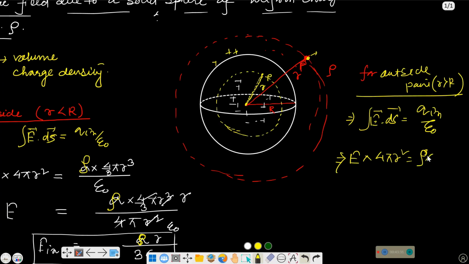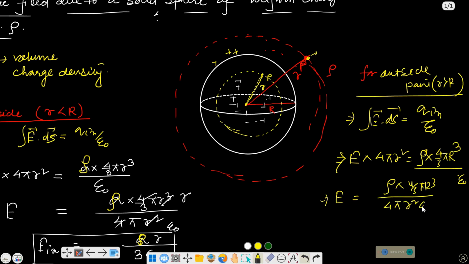So rho into 4 by 3 pi capital R cube divided by 4 pi r square epsilon naught. One more equation, more steps, to rho into 4 by 3 pi capital R cube.